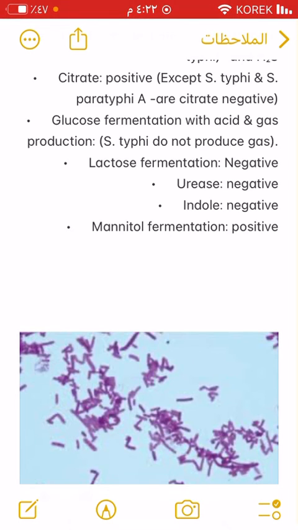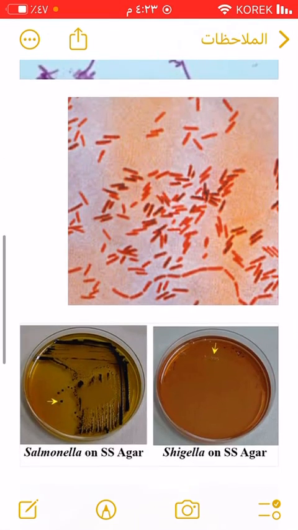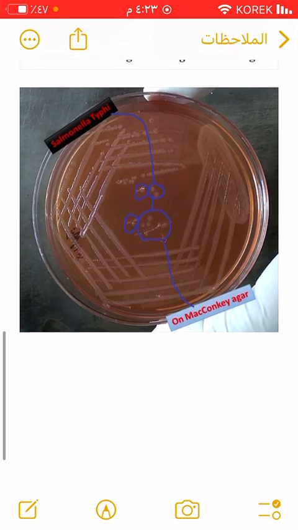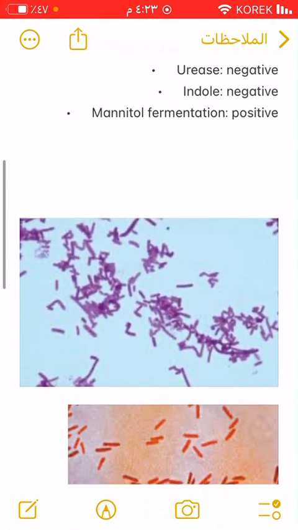This is called the urease agar. Then you inoculate the colony into the tube, incubate, and wait for the results. This is about urease. And indole, as I said, in the IMViC tests, I will explain about it. It's a different type of test for Enterobacteriaceae. So thank you guys. Hope you get benefit.